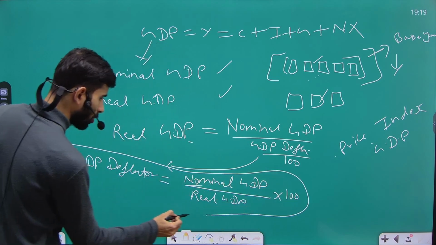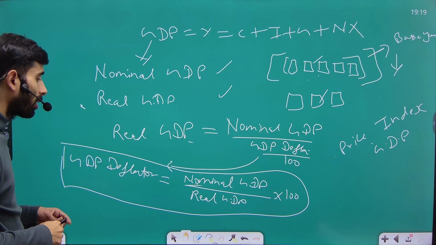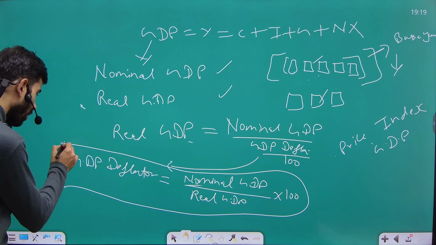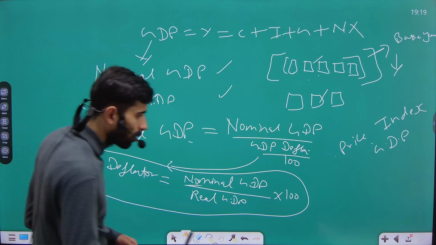This particular equation shows the GDP deflator. GDP deflator is a very important term because it shows the actual rise in the production level of the economy. I will give you an example to make it more clear.